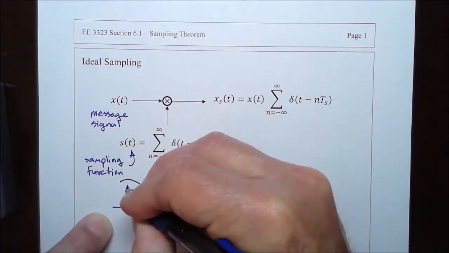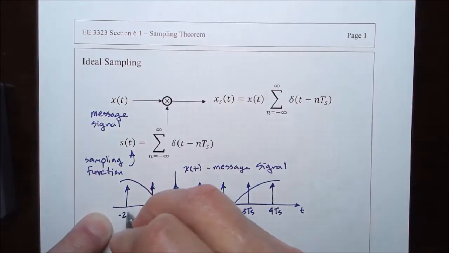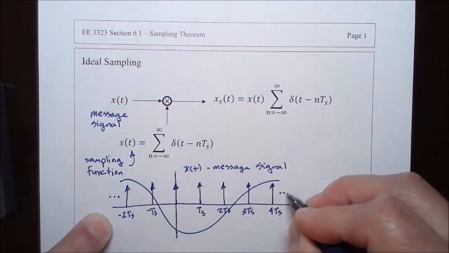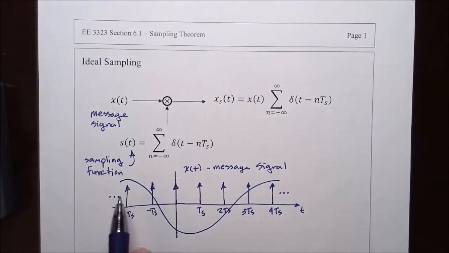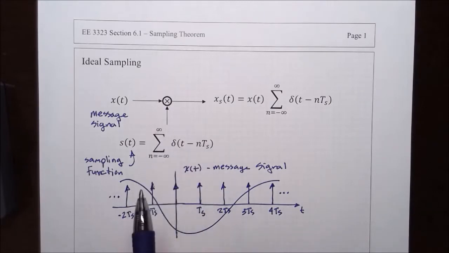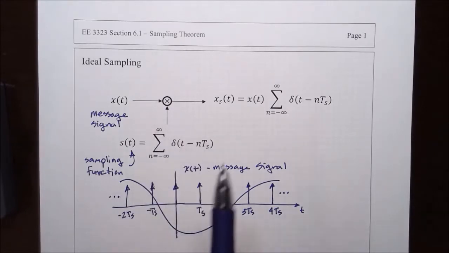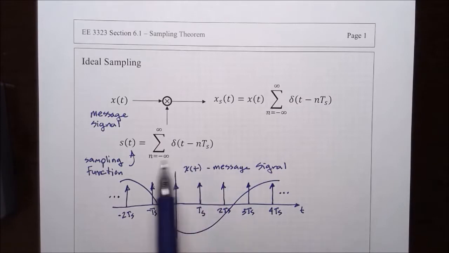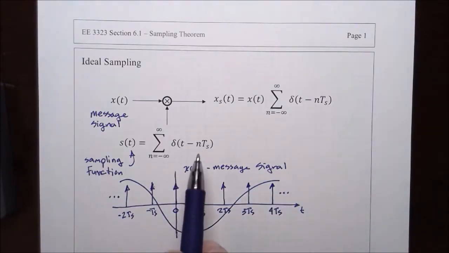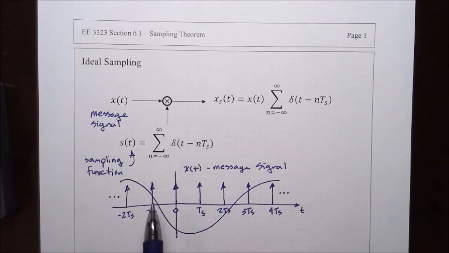Okay. So the sampling signal is this periodic train of delta functions, which is mathematically represented by this summation of delta functions. For n equals 0, we get the delta function right in the middle at t equals 0. For n equals plus and minus 1, we get the next two pair of delta functions.